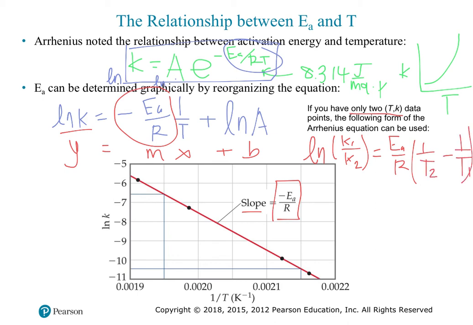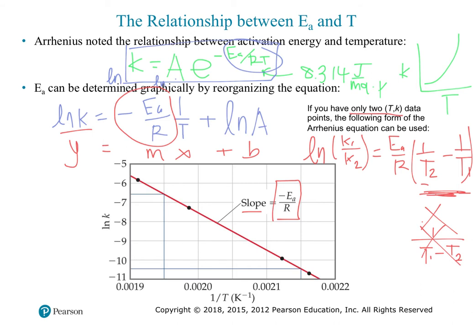Keep in mind, you can't just combine these two temperatures. Don't do 1 over T1 minus T2. That doesn't work. You want to take the inverse of your temperatures and subtract those numbers from each other. Then whatever you get for that, you'll multiply by negative EA over R.